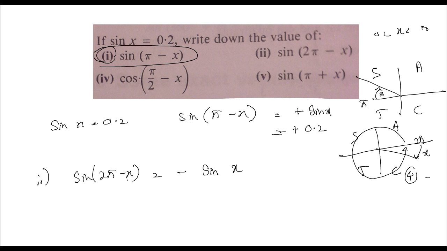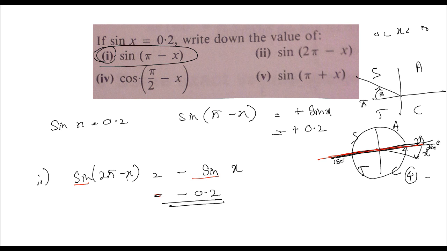So whenever you associate with either 180 or 360 or 0, doesn't matter, whenever you associate with this axis, sine stays as sine, cos stays as cos, tan stays as tan. Okay, so that's minus 0.2 then. That's your answer.